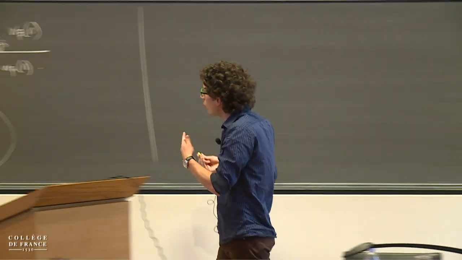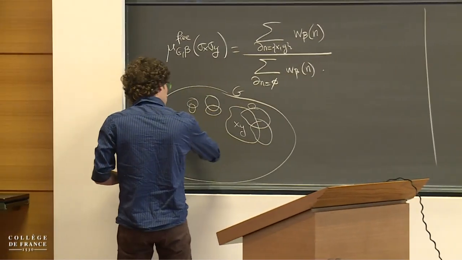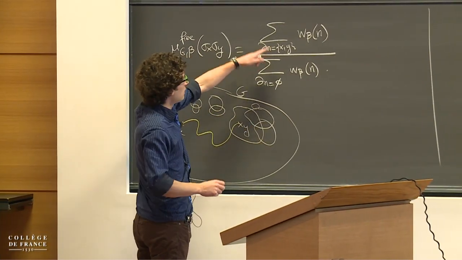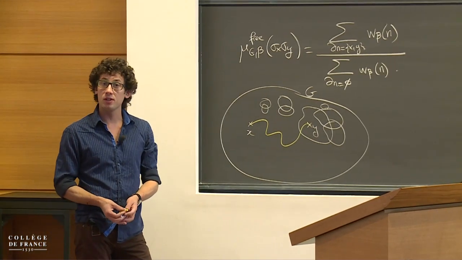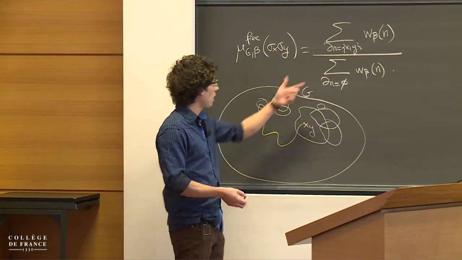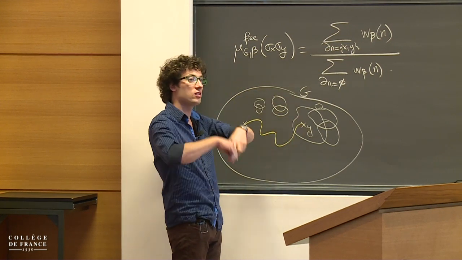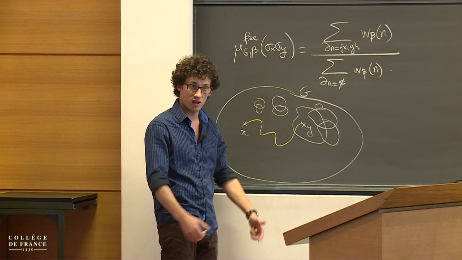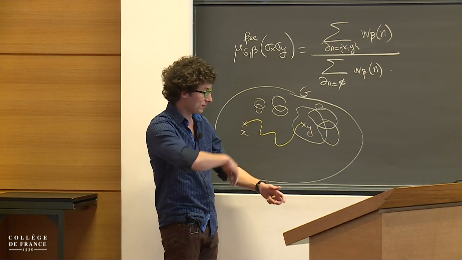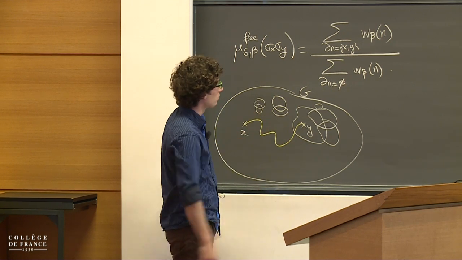So in some weak sense, we are getting something close to a geometric representation, in the sense that we are looking somehow at the probabilities that x and y are connected in some kind of random currents with sources.